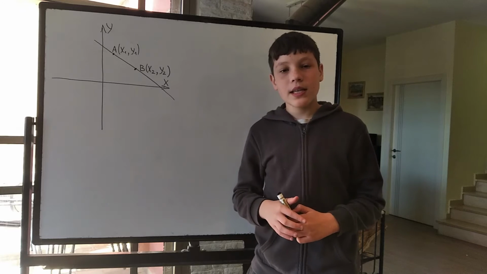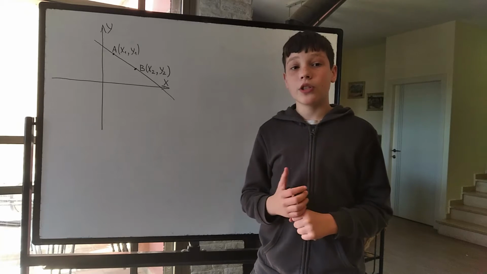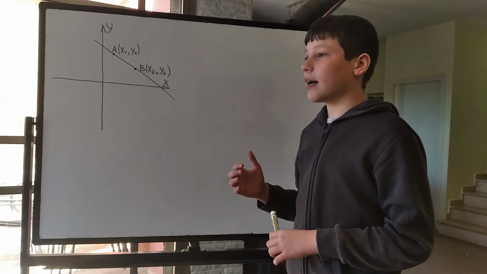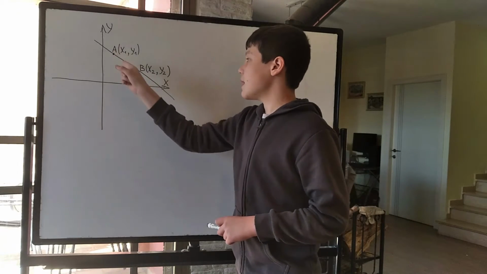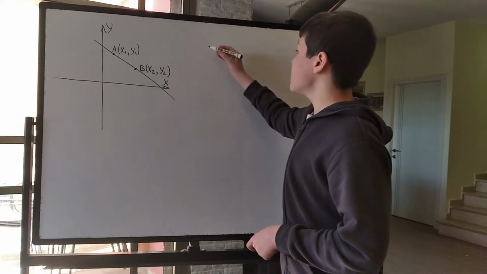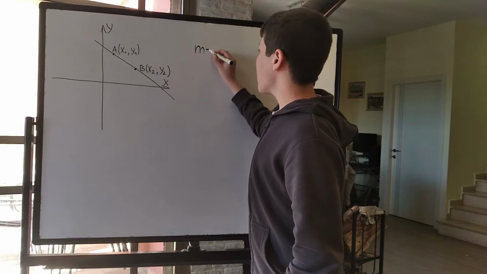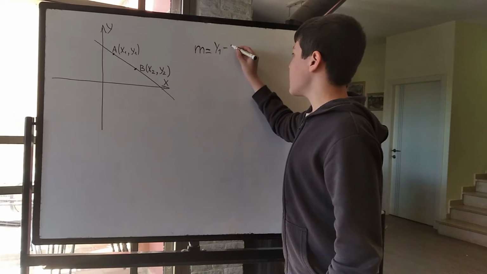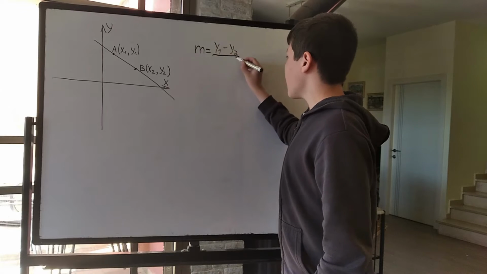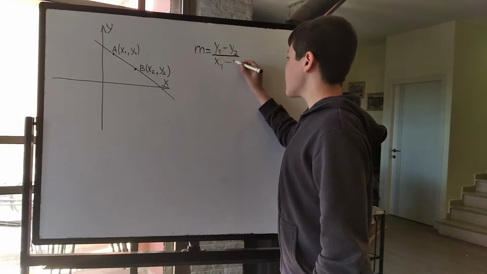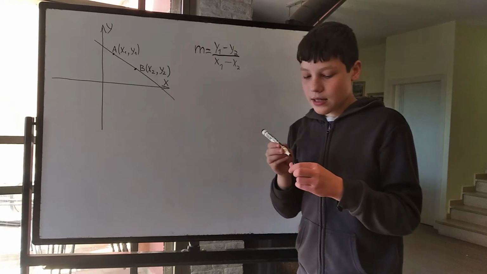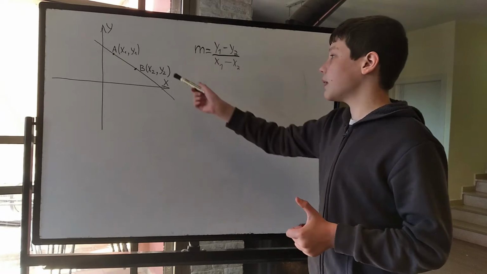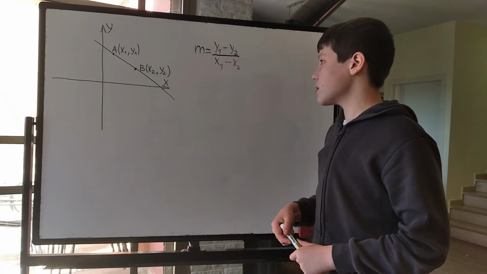So in a different video explaining the formula of the derivative of a certain function, I used the fact that the slope of a line with 2 points A and B is, if we call the slope M, then the slope is y1 minus y2 divided by x1 minus x2, and x1, y1, and x2 and y2 correspond to the coordinates of each of these points.